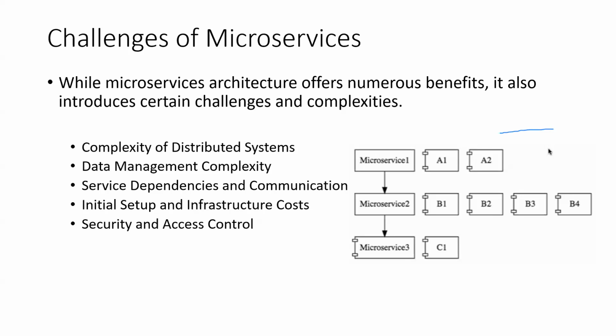Coming back to the topic, the third point is service dependency and communication. That's a very clear statement, I don't want to explain it again. So, initial setup and infra cost, because you already know, right? We have identified the loosely coupled microservices. Everything should be deployed as an independent component into different web servers, Tomcat for example.